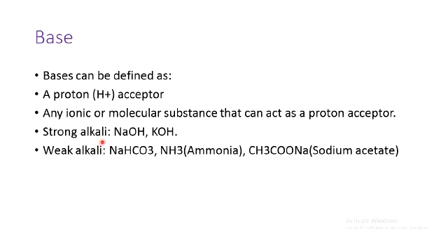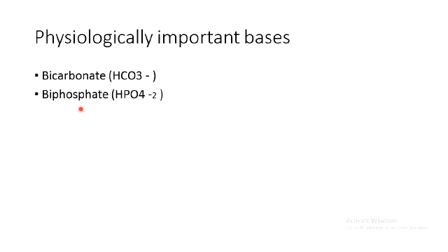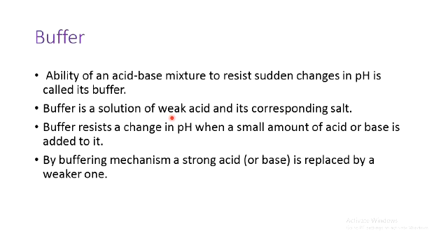There are strong alkalis, for example sodium hydroxide and potassium hydroxide, and weak alkalis, for example sodium bicarbonate, ammonia, and sodium acetate, CH3COONa. Among these, the physiologically important bases include the bicarbonate ion and the biphosphate ion. So the weak bases are negatively charged.